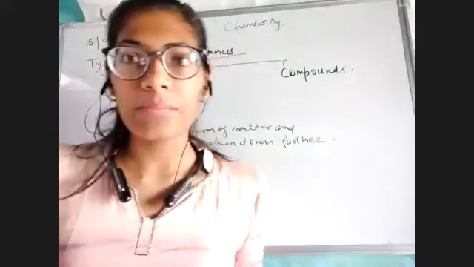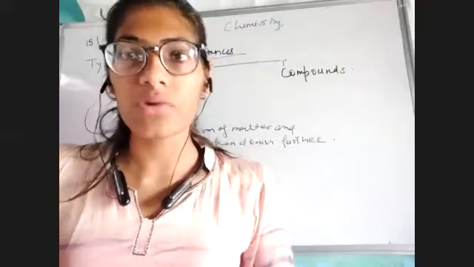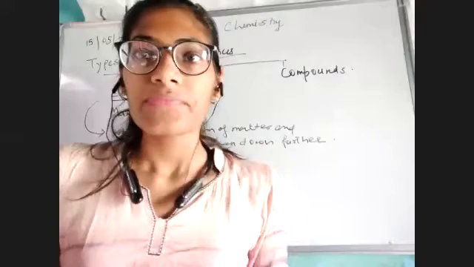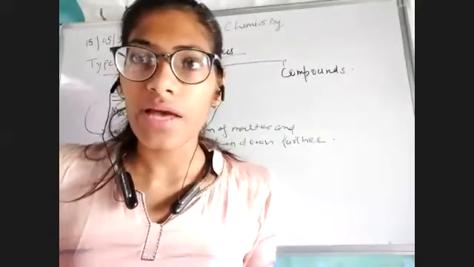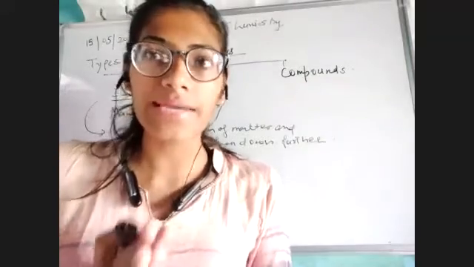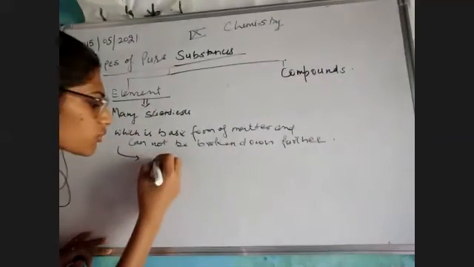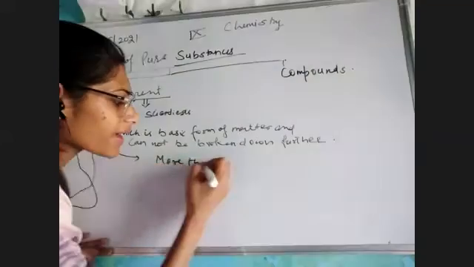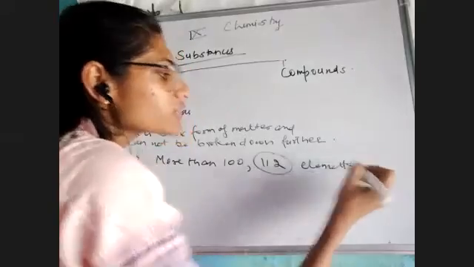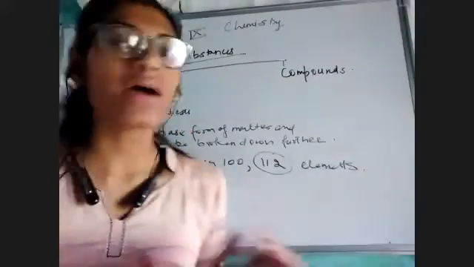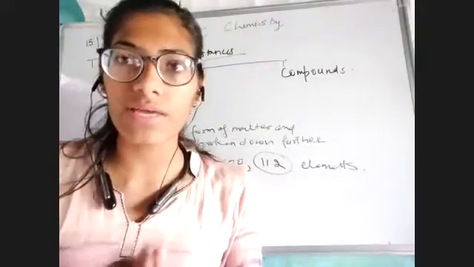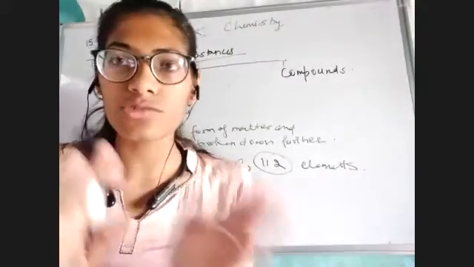Let me give you some examples which will further elaborate your concept of what an element actually wants to say to us. When you go to higher classes, you will study different types of elements. We have come to know that scientists have discovered many elements, out of which more than 100, or I can say up to 112 elements, have been known to us. That's an approximate idea. It keeps changing, increasing or decreasing, because not every element has been completely studied.